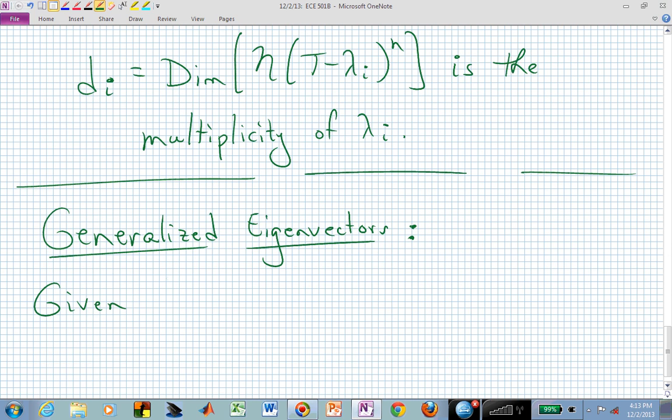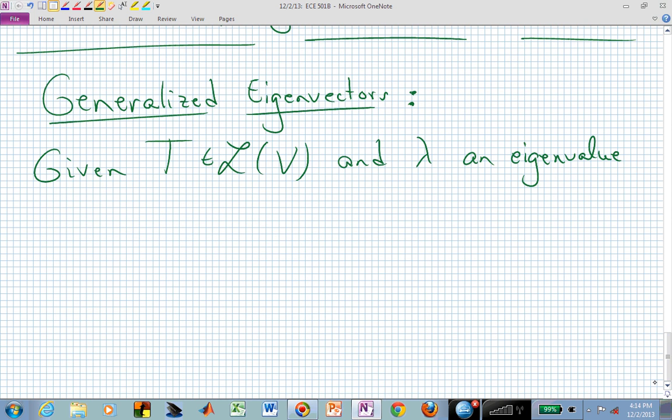Suppose we're given a linear operator T on some vector space V, and lambda is an eigenvalue of T. Here's our definition of generalized eigenvector.